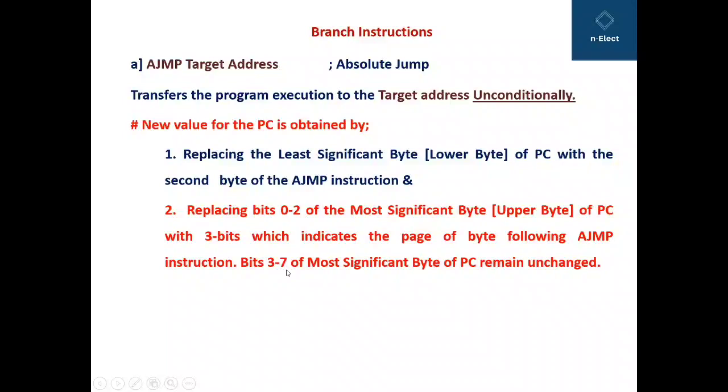Bits 3 to 7 of the most significant byte of the program counter remain unchanged here. The target address written here should be within the 2 kilobytes of program memory.